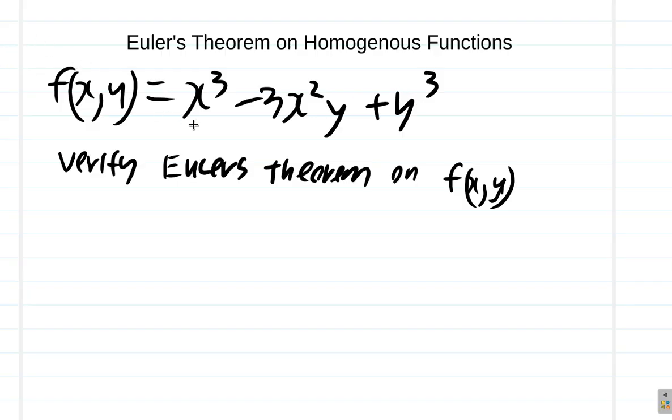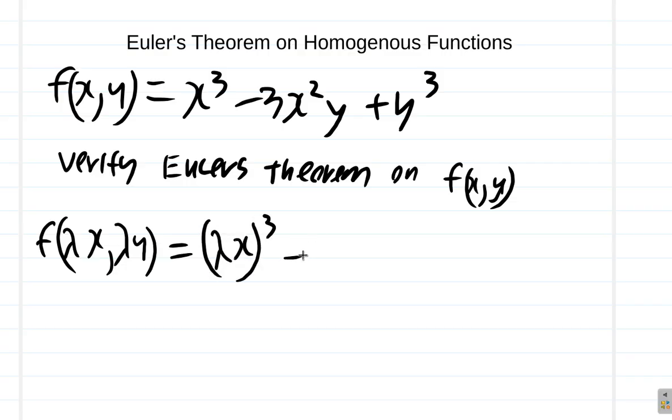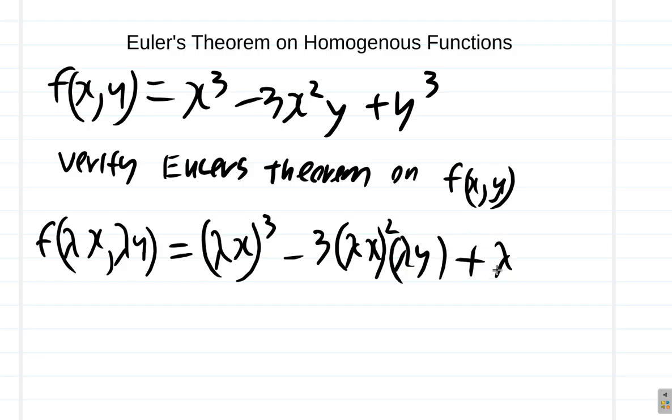Now, of course, you might be required to show that it's homogeneous before you verify Euler's theorem on it. Let us do that. F of lambda x, lambda y, where lambda is a positive integer, is going to be lambda x cubed minus 3 lambda x squared lambda y plus lambda y cubed.